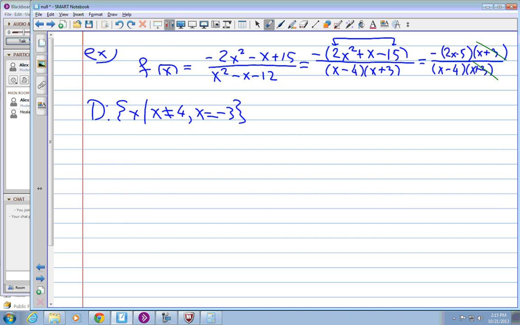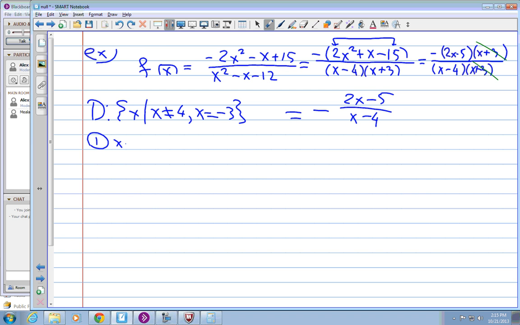Even if you can reduce, it will not affect the domain. So my function now is really negative 2x minus 5 over x minus 4. But still, negative 3 is not in the domain of our function, so we'll have a hole in the graph at negative 3. But now we can continue with the rest of sketching this thing.